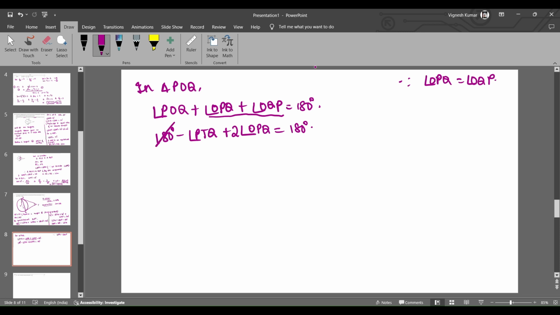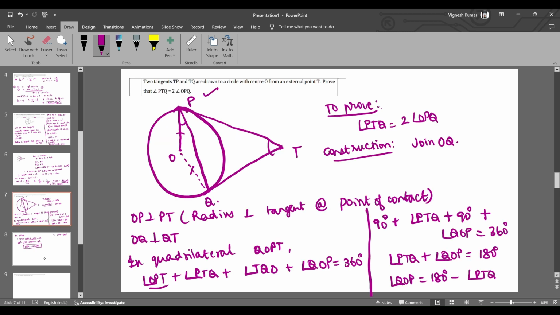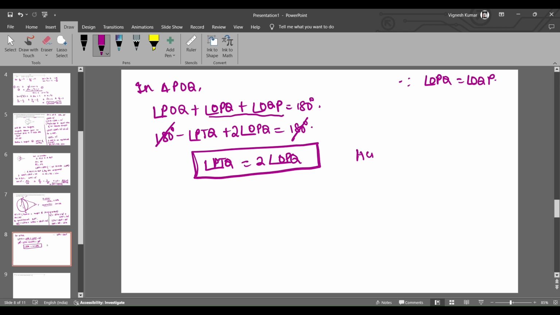So this 180 and 180 get cancelled, and from the above equation I derive angle PTQ is equal to 2 times angle OPQ, which is the exact same equation which we are asked to prove. So hence proved.